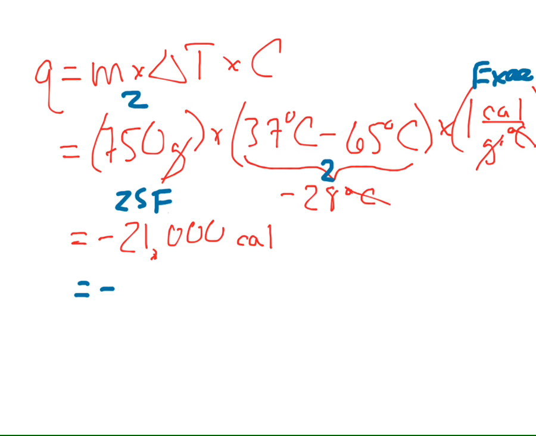How would I write that with 2 sig figs? Yeah, 21,000, or I could write it as 10 to the 4th calories. So what does the negative sign mean? It means heat was lost, right? It started off hot and got colder. It lost heat.